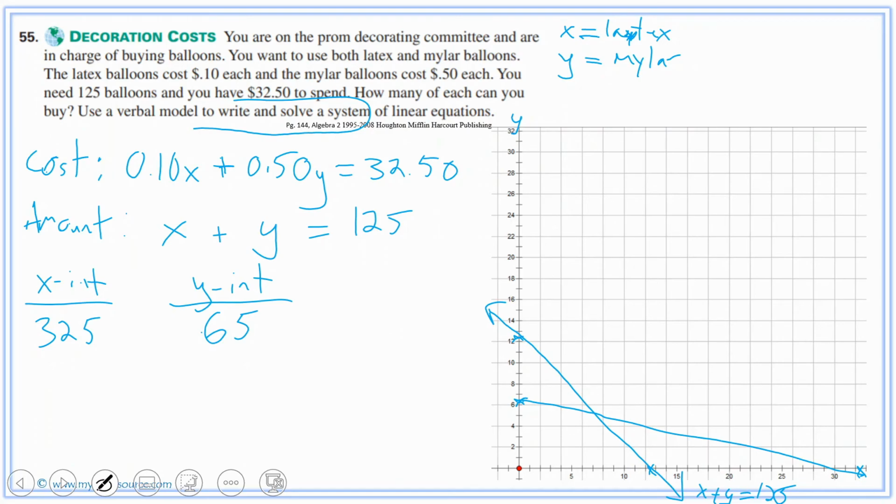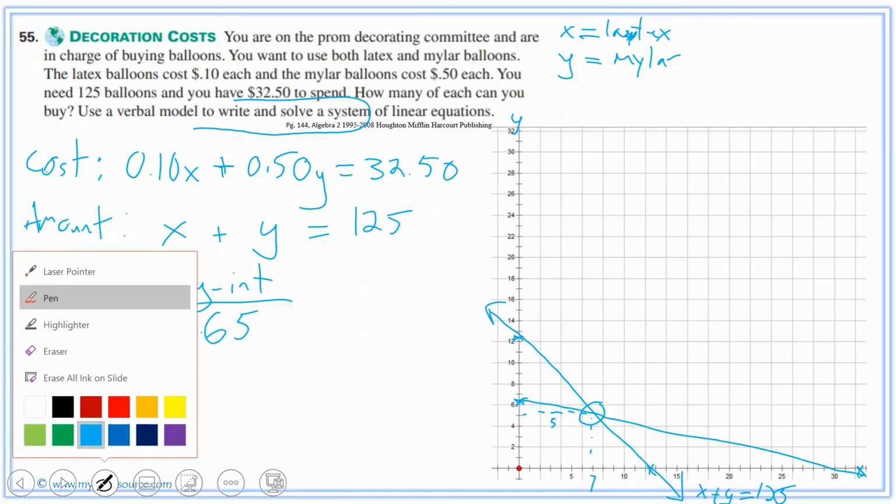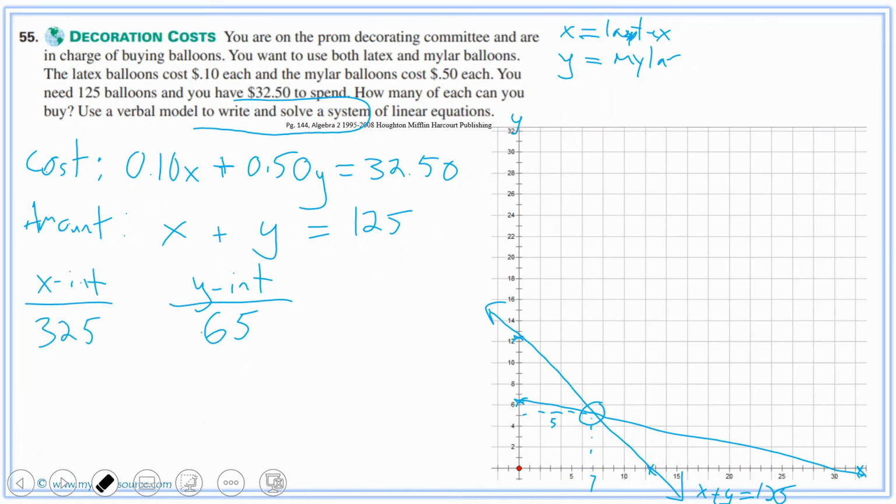So looking at my intersection right here, that's 5, 6, 7. 7 is the intersection, and about 5. And I'm thinking, because those are whole numbers, that might be pretty close to it. Actually, it's a little bit more than 7. I think it might be like 7 point something. Because we're dividing by 5s and zeros, I'm thinking this is about 7.5. And we're going to try both of them out to see which one is the best.